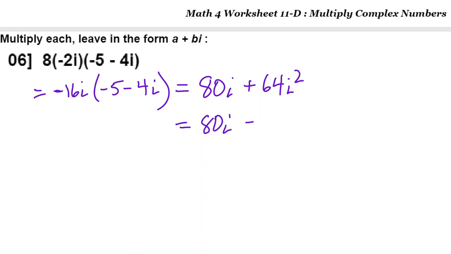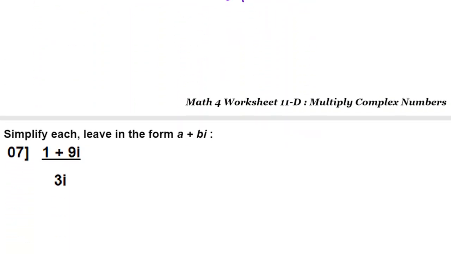That's a negative 1, so that's going to be minus 64, and we need to leave it in proper form. So it's going to look like that. Remember, the i term always comes last.